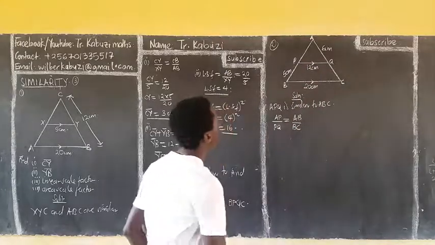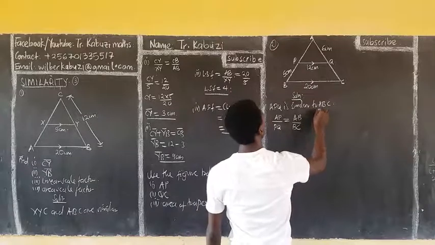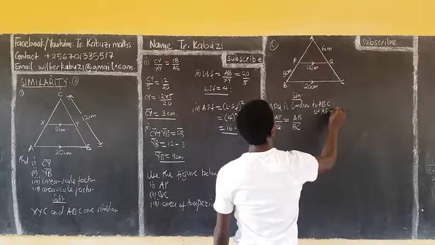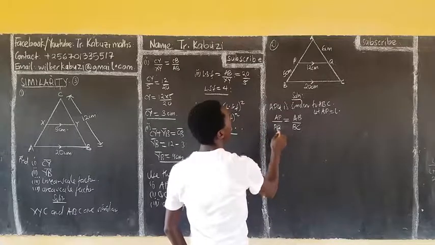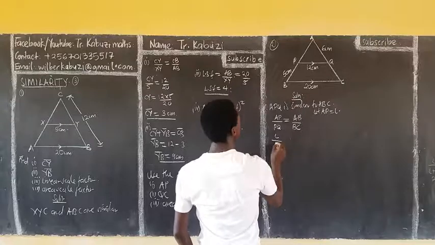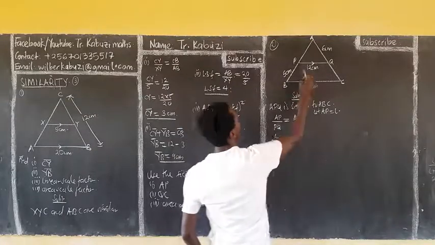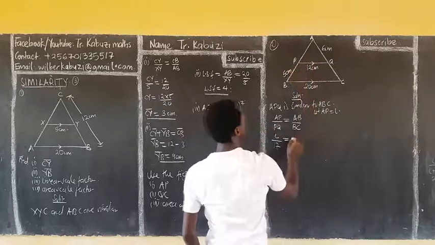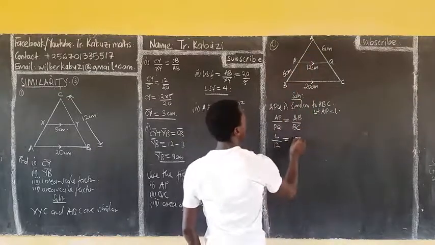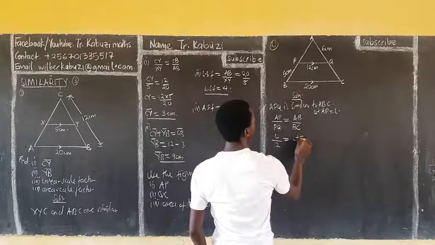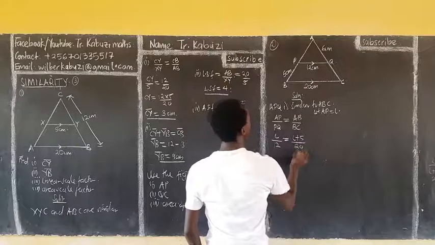So meaning my AP, let AP be L. I'm going to have L over PQ, which is 12, is equal to AB. AB is here, I'm going to have AP plus this, which is L plus 5, over BC, which is 20.